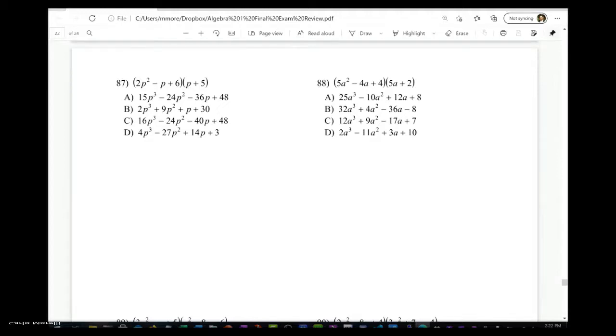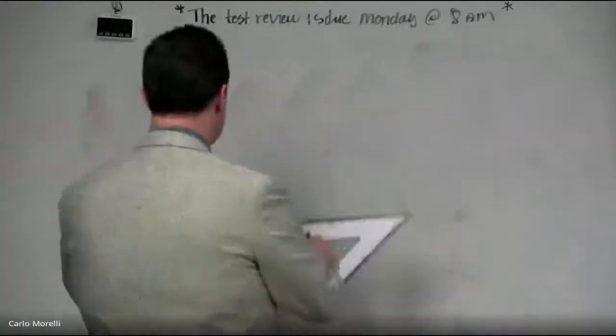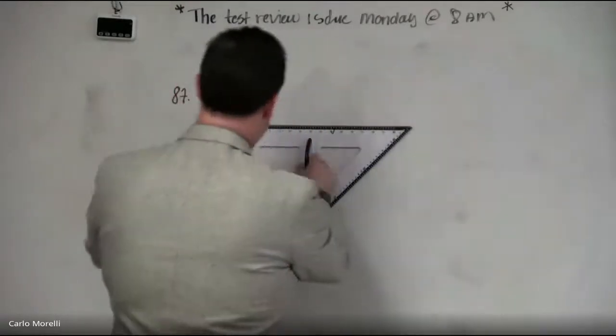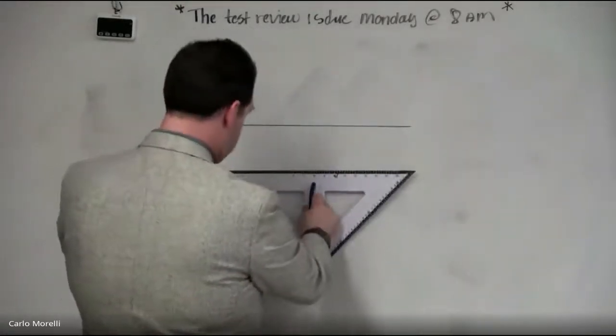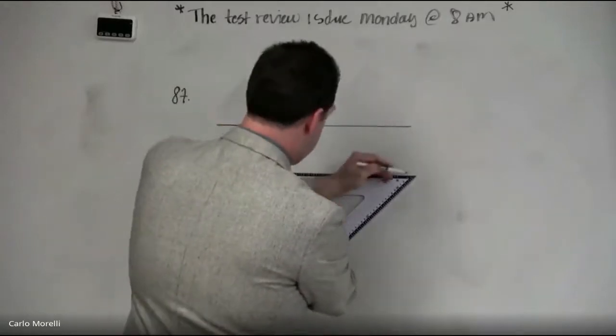What you're going to draw here is a box, and we're going to make the box 3 columns by 2 rows. It's going to look like a rectangle.